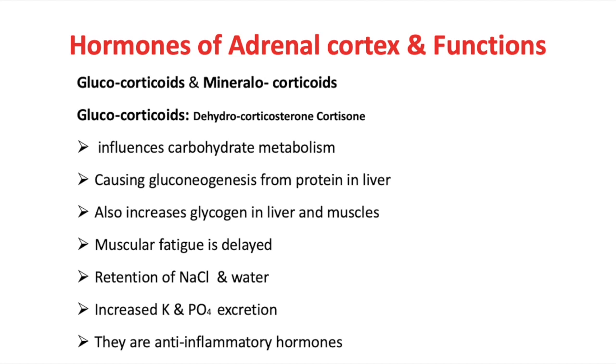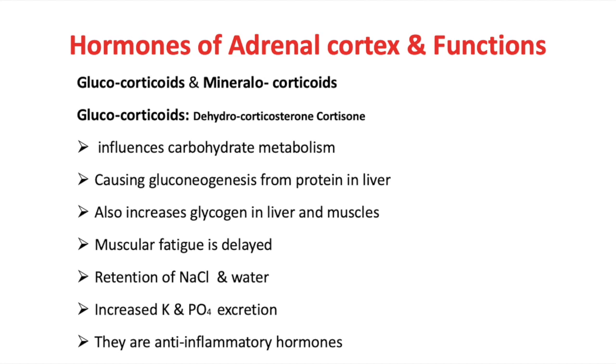Hormones of adrenal cortex and functions. There are two important hormones of adrenal cortex, glucocorticoids and mineralocorticoids. First, glucocorticoids. They are dehydrocorticosterone and cortisone. They influence carbohydrate metabolism, causing gluconeogenesis from protein in liver.